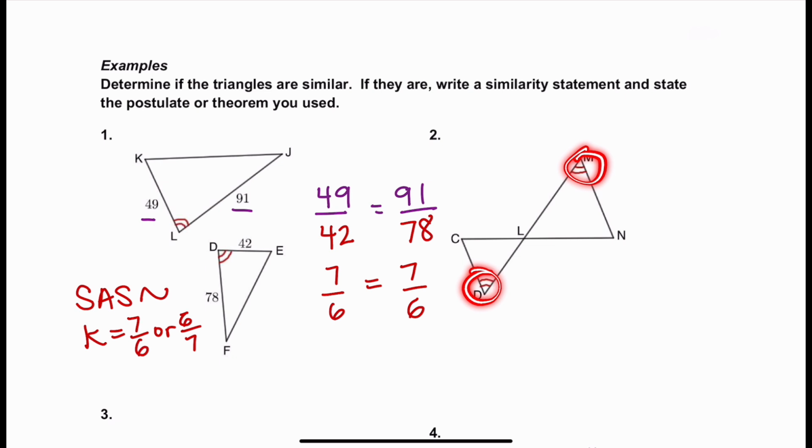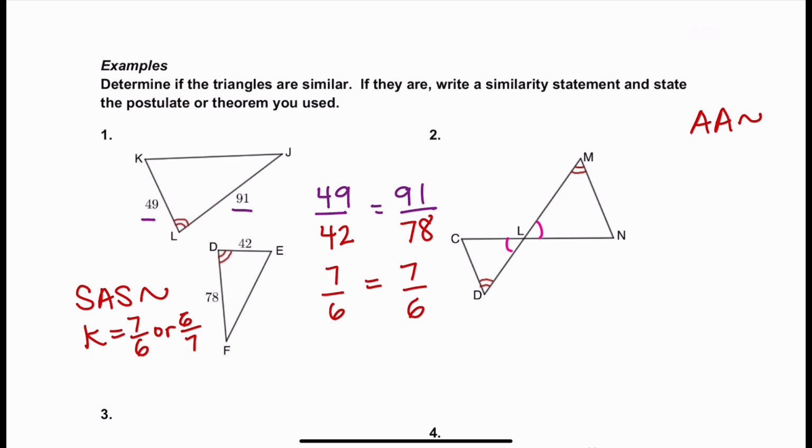Now I have an angle here. I don't have any of the side lengths, so the only way to show that they are similar is by angle-angle similarity. But I have to have two angles of both triangles be the same. Now I'm noticing that we have vertical angles here. So since those are vertical angles, we have two angles of the triangles that are the same.